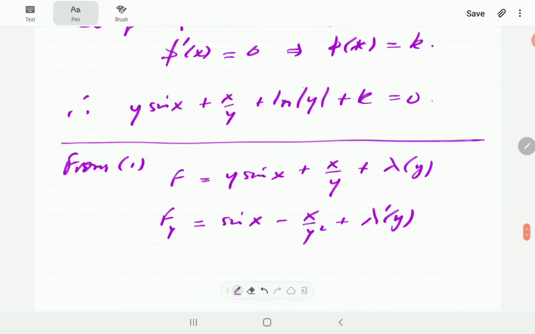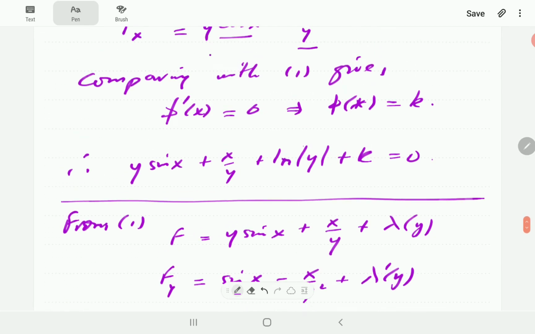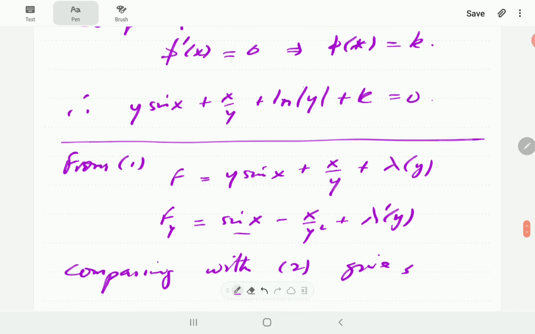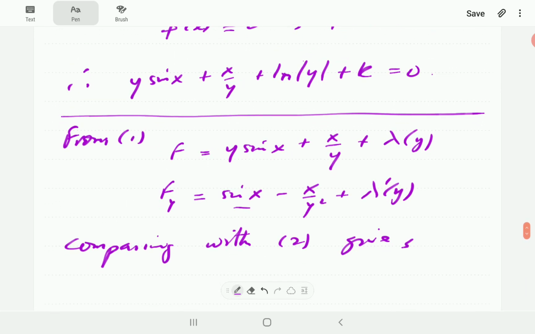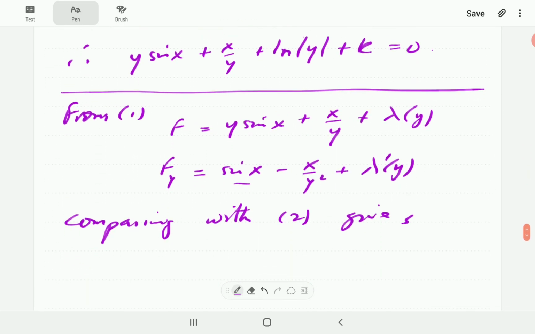Then we've got to compare this with 2. Let me just write equation 2 just below this one here. So in 2 we've got fy equal to sine x minus x over y squared plus 1 over y.